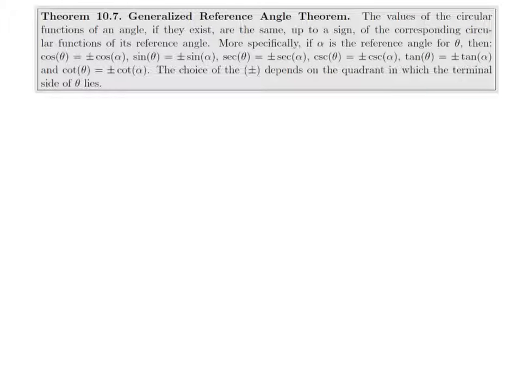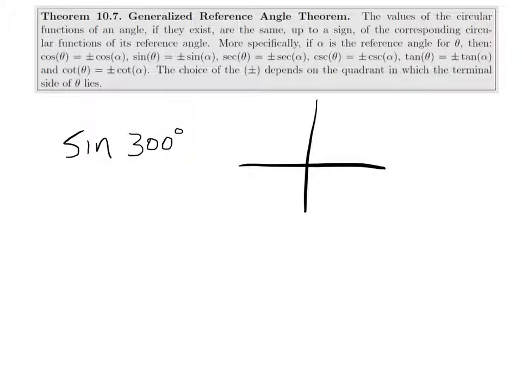So if I'm looking for sine of 300 degrees, I have to figure out first off, where is 300 degrees? And 300 degrees is about right there. Now the reference angle is always the angle measured off of the closest x-axis, so this would be the reference angle.